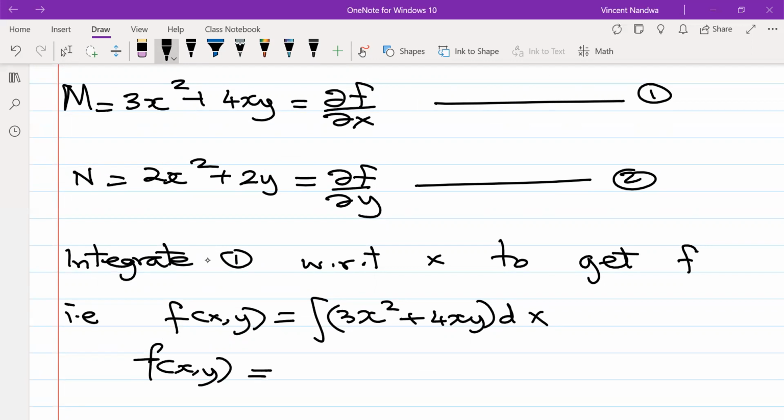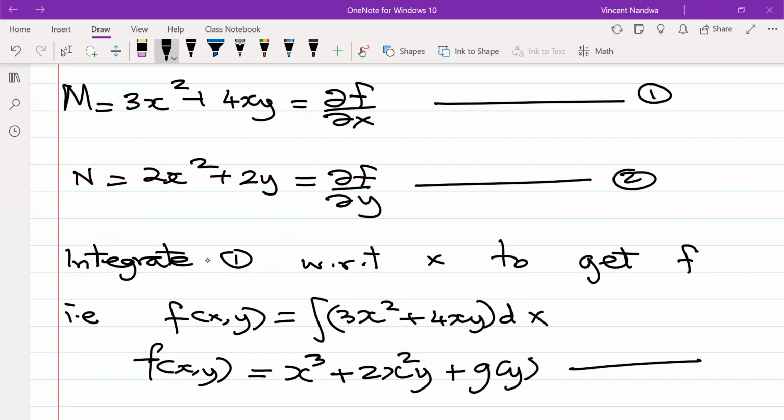So integrating this term, we get x³. For the next term, we get 2x²y plus a constant, but that constant we write as a function of y. So call it equation 3.